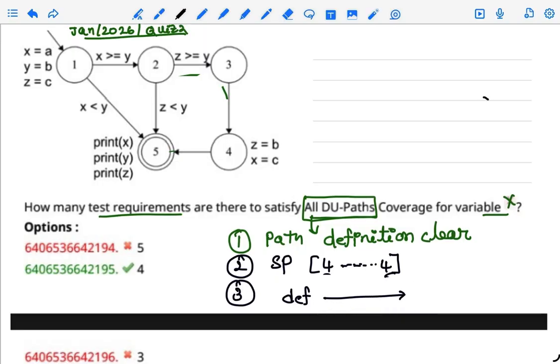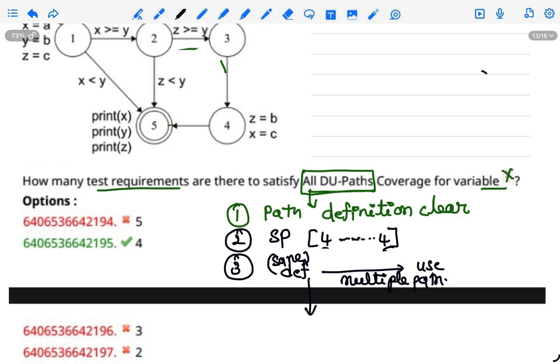From the same definition to a use, if multiple paths exist, count each path separately.